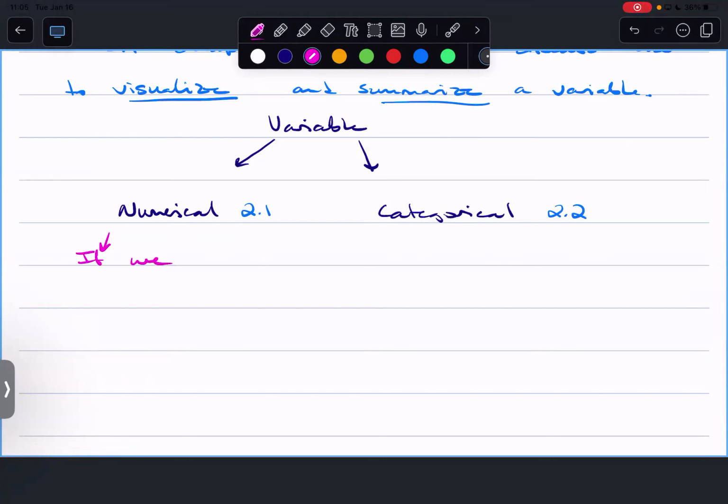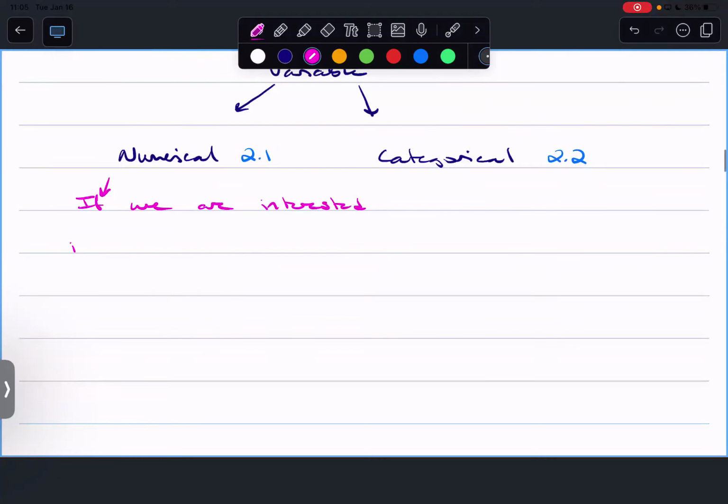So if we are interested in the average, which today we're going to start calling the mean, because in statistics we call it the mean, but being able to move between the two is really good. So if we're interested in the average, the variable is numerical.